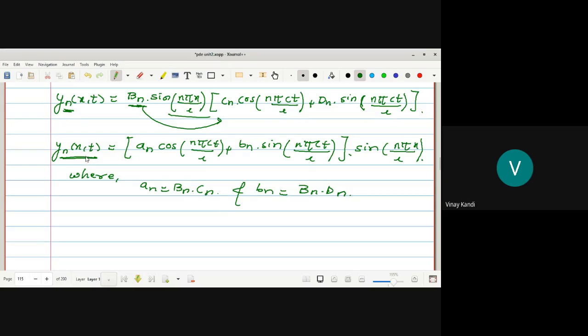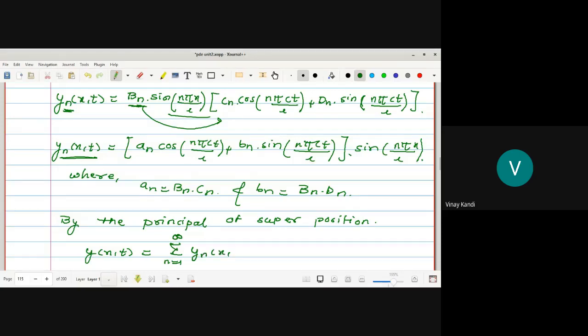Okay, so we have the superposition principle. By the principle of superposition, we can write y of x,t, the solution of the differential equation, is equal to summation n running from 1 to infinity of yn of x,t.